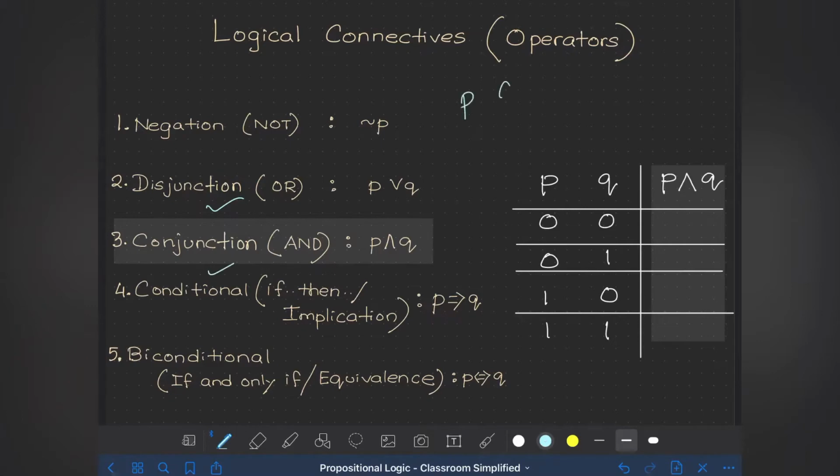Suppose I take p and q, denoting two different propositions, we can write the conjunction between p and q as p conjunction q. You can also term it like p dot q.